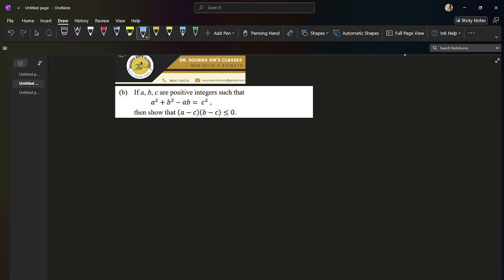This is a very easy question, because the given equation is a square plus b square minus ab equals c square, where a, b, c are positive integers.